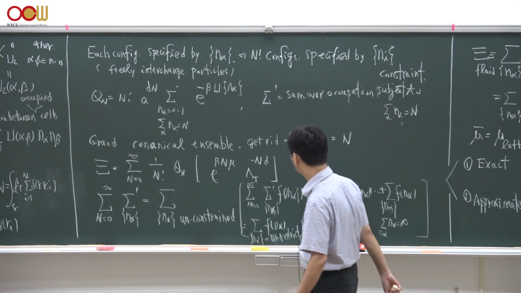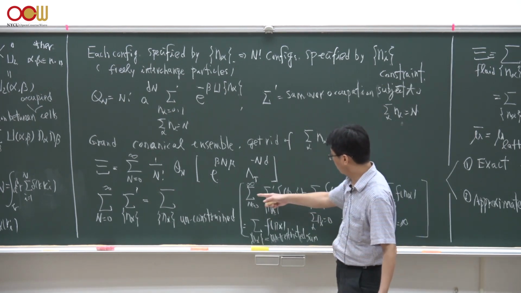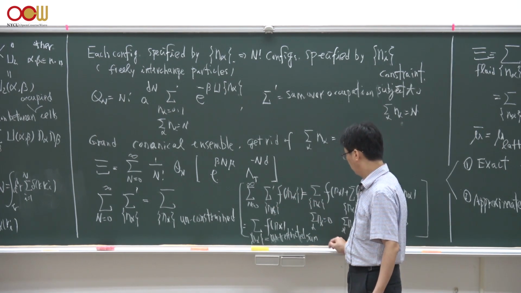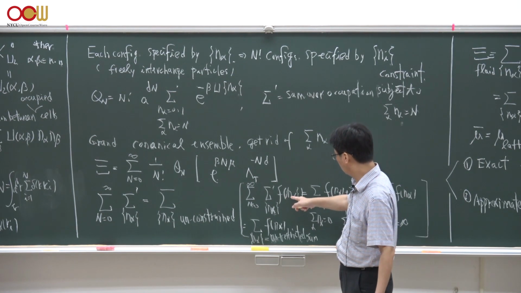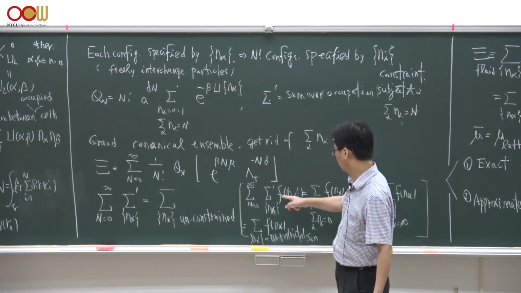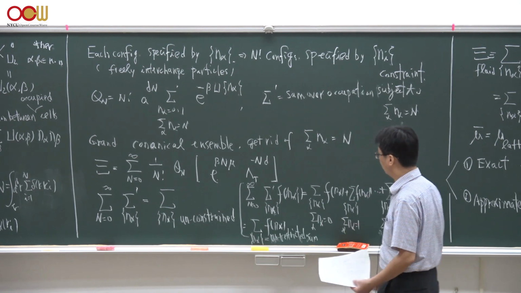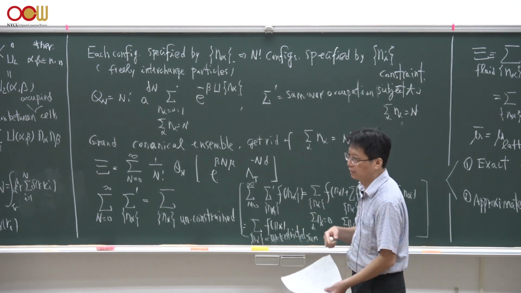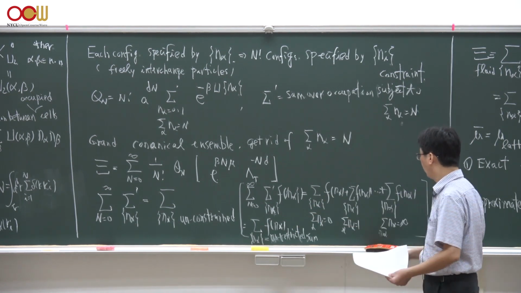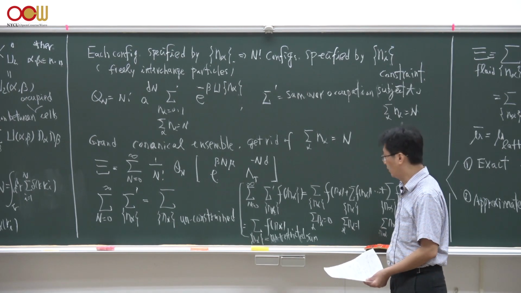Let me explain. Suppose we have this kind of double summation for any function f, which is a function of n alpha, and when you sum over n alpha to satisfy this constraint, we can simply spell out and expand all possible sums for this little n alpha.